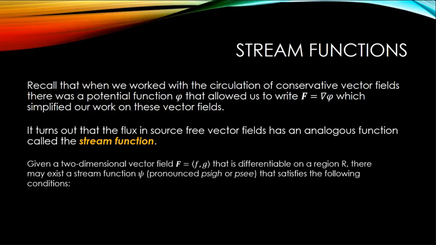If I'm given a two-dimensional vector field F that has vector components f, g that is differentiable on a region R, there may exist a stream function psi that satisfies the following conditions. The partial of psi with respect to y is equal to f. The partial of psi with respect to x is negative g.